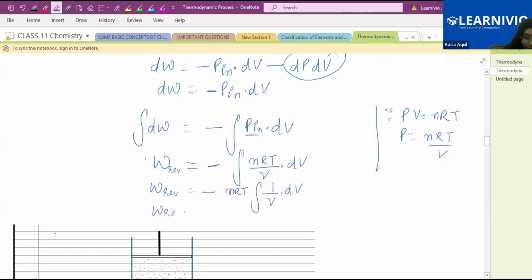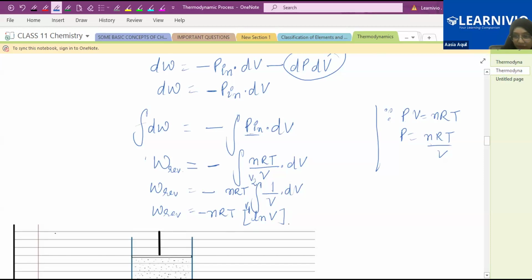So W reversible will be equal to minus nRT, and when you integrate 1 upon V, it will give you ln V. If you take the limits, the lower limit V1, the initial volume, and the upper limit V2.